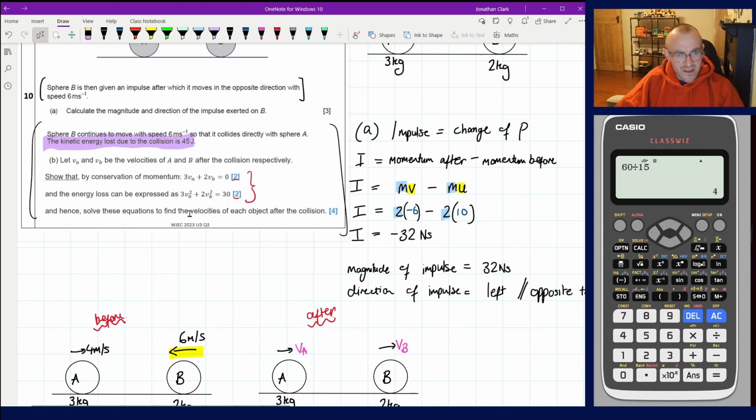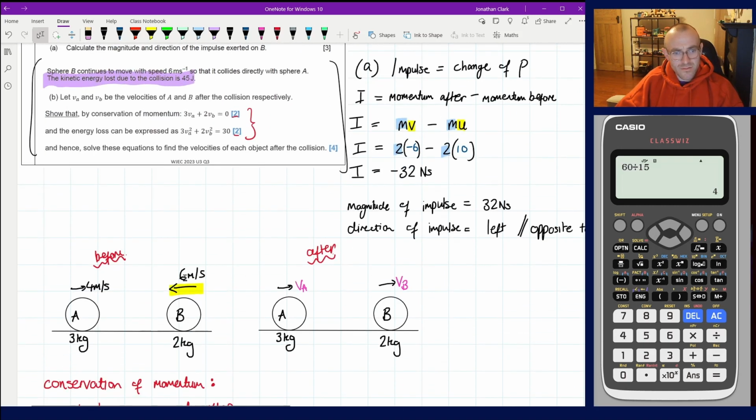Solve the equations to find the velocities of each object after the collision.